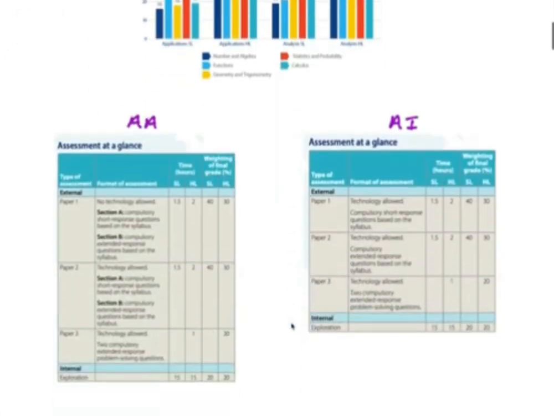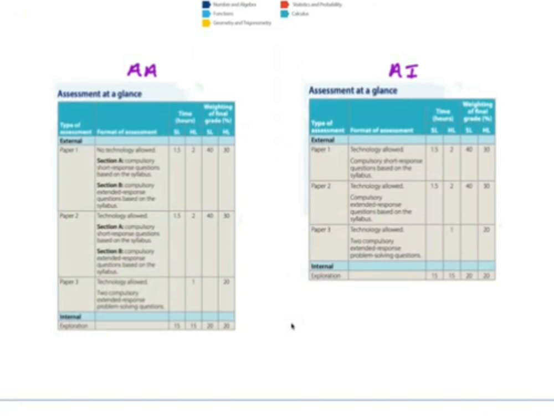Okay, the assessments. So for both AA and AI, it is 80% exams, 20% internal assessment, which is the mathematical exploration. So it's 80% exams, 20% exploration. That's for both HL and SL.